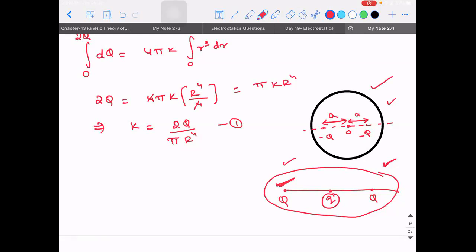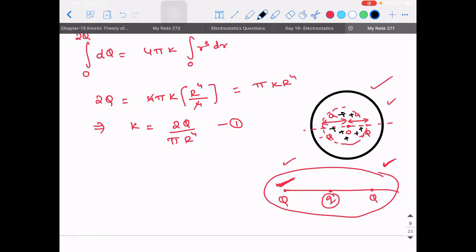So what am I supposed to do? My work is to calculate what is the electric field at a distance a from it. If I am able to take a small spherical surface and calculate what is going to be the electric field due to the charges present inside, then how do I calculate the force experienced by either of the charges?